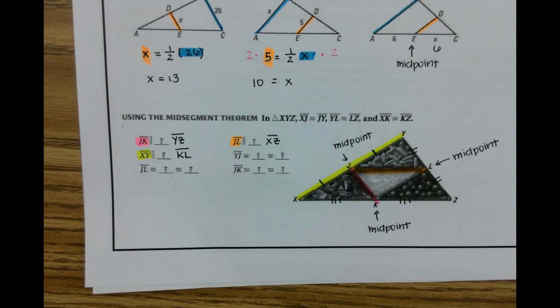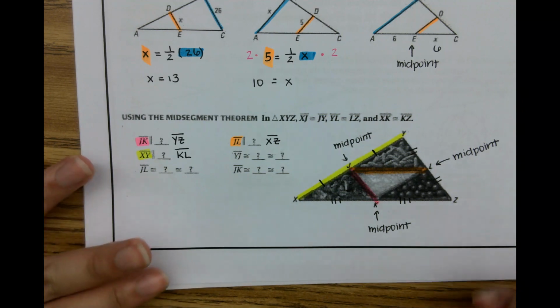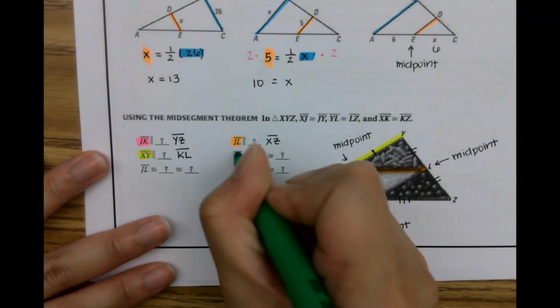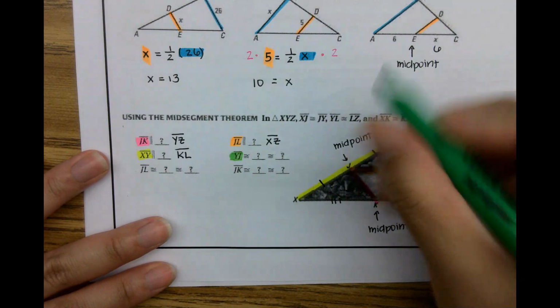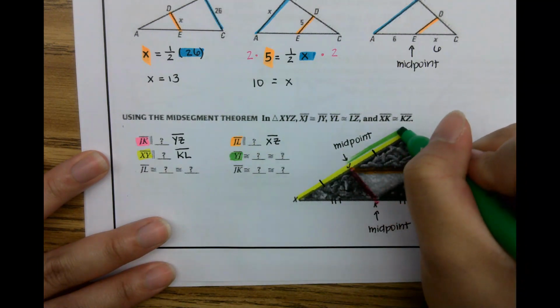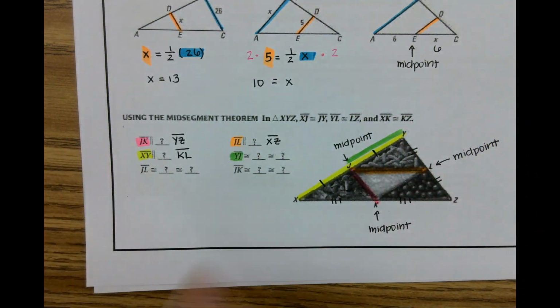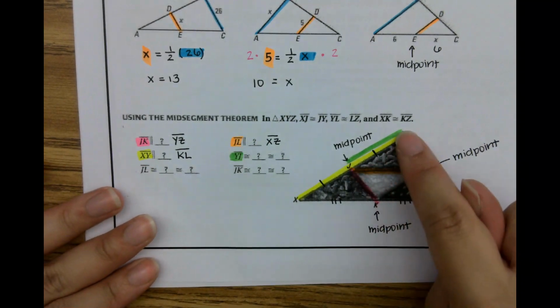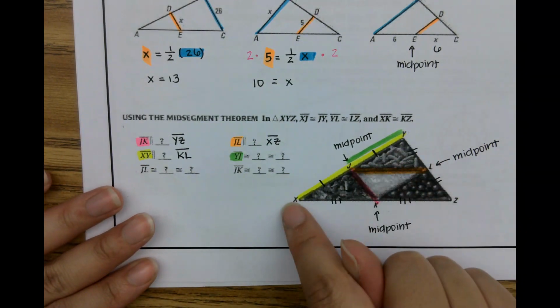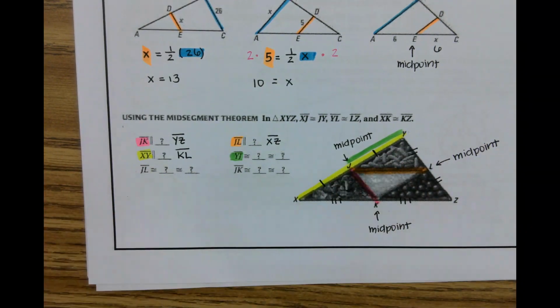The next one wants to know what YJ is congruent to. Let's first find it. YJ is here. Because J is our midpoint, YJ has to be congruent to XJ.